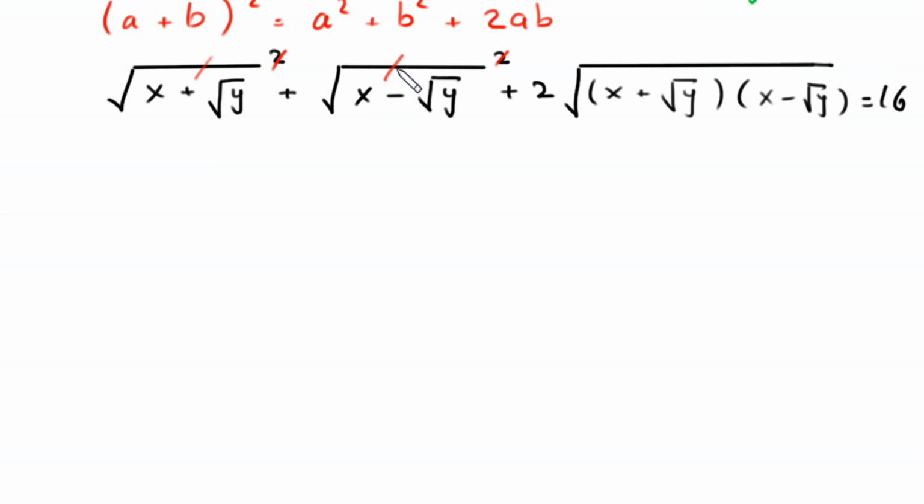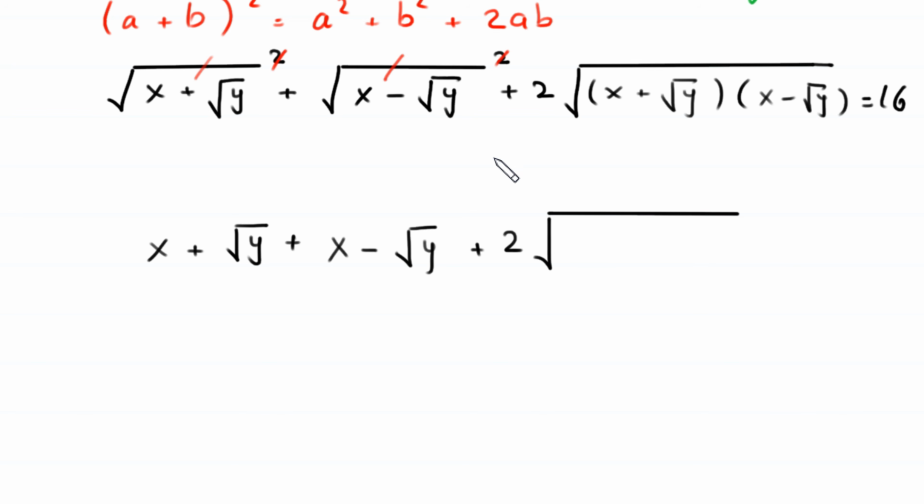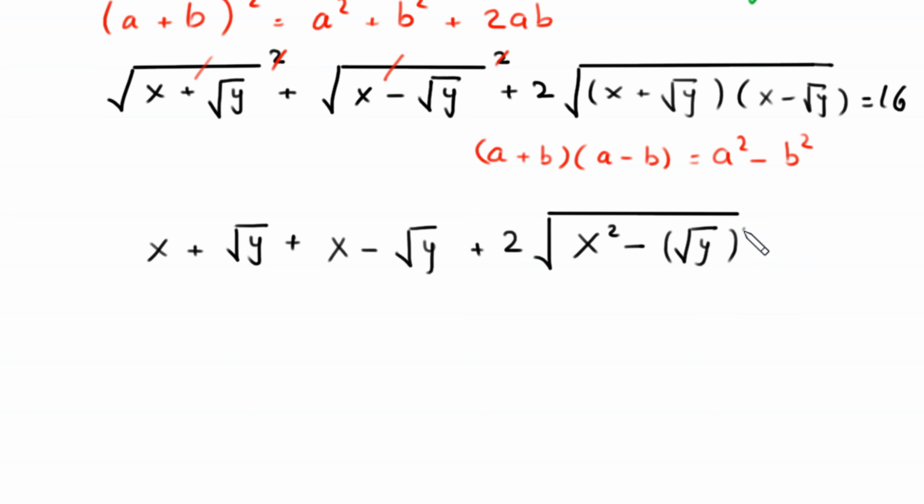Square root. We are left with x plus root y plus x minus root y plus 2 times the square root of. By using this algebraic identity, a plus b times a minus b equal to a squared minus b squared, this x plus root y times x minus root y will become x squared minus root y squared equal to 16.